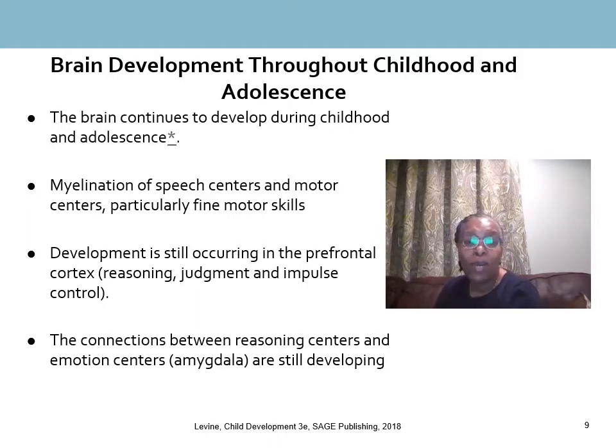We're talking now brain development and looking at it through the span of childhood and adolescence. You have to understand that there are specific brain structures that will experience growth during middle childhood, and more or less that's going to include our frontal lobe, the parietal lobe, as well as the corpus callosum. So growth of the corpus callosum is really important because it helps with connectivity as well as our coordination, like I mentioned.